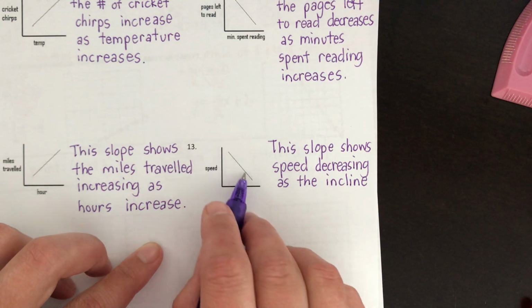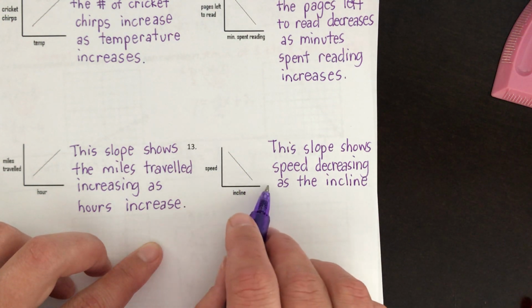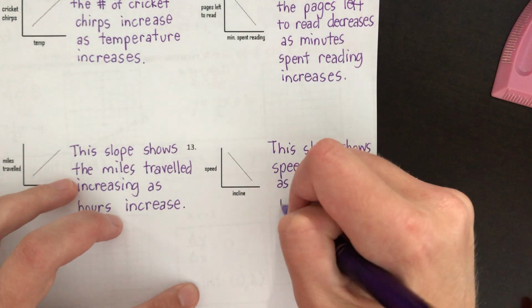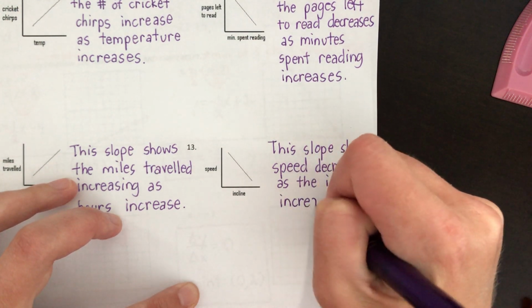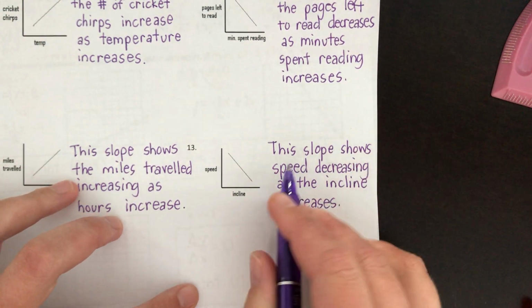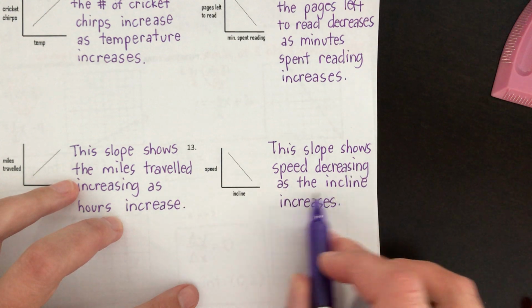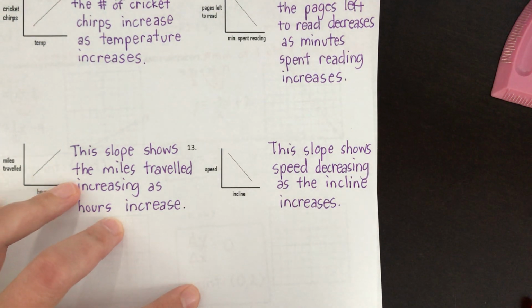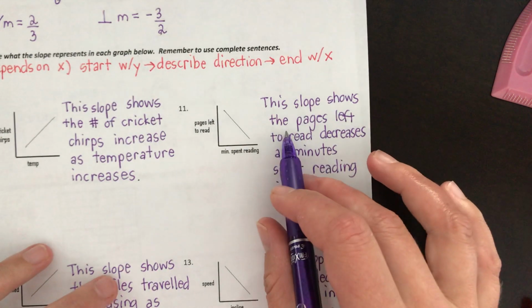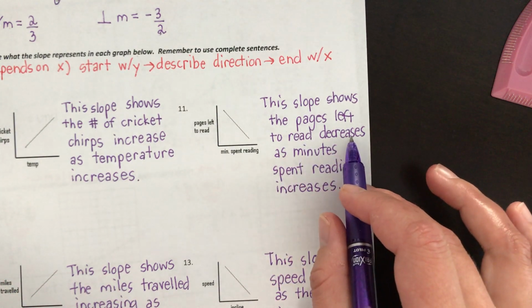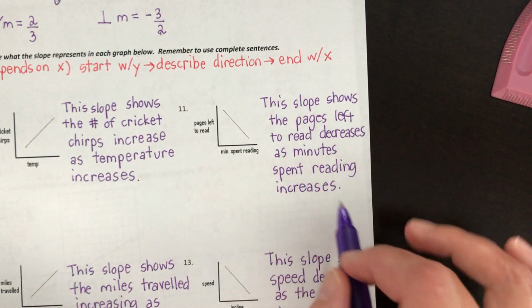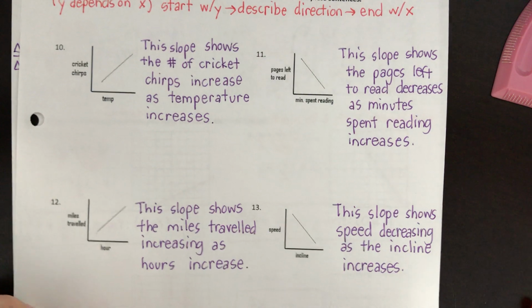On the right, even though this is falling, the x's are increasing. So as the incline increases. And these should all make sense. Doesn't that make sense that your speed decreases as incline increases? Okay, doesn't it make sense that your pages left to read decreases as the minutes you spent reading increases? Hopefully so.